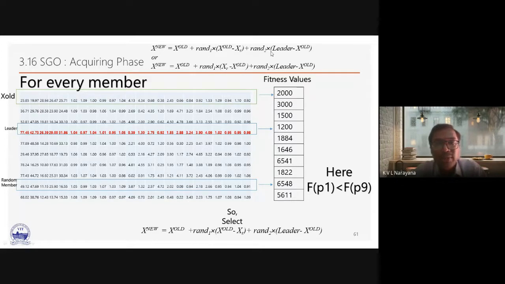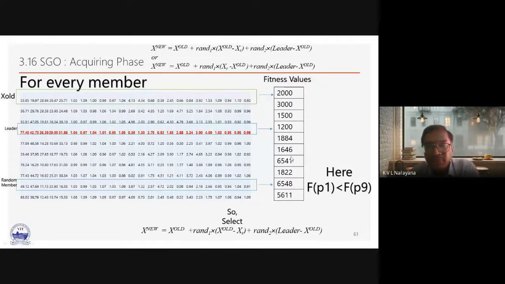Here rand1 and rand2 are random values selected between 0 and 1. So in this way, in the acquiring phase, the population is changed again. That means the population is changed twice in social group optimization, whereas in PSO, the population is changed only once, after velocity updation. Population change means the values are changed when compared to the initialization.